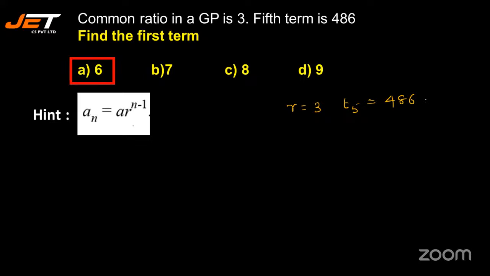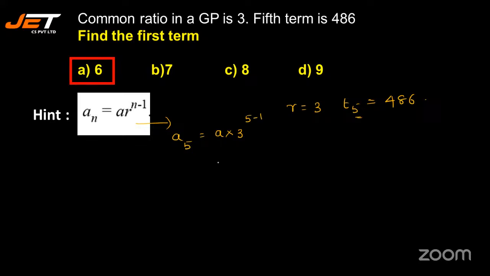So now we can use the same formula. A N is, now we know A5, isn't it? We don't know what A is, but we know R, that is 3 to the power N minus 1. N is 5, so 5 minus 1.